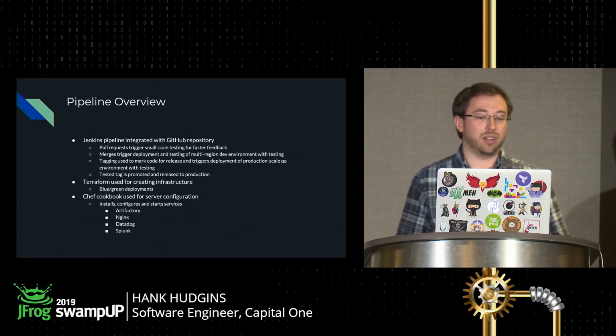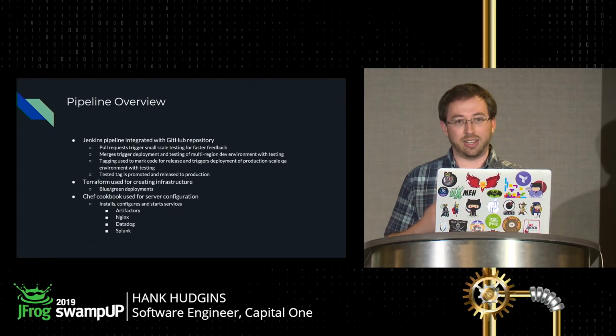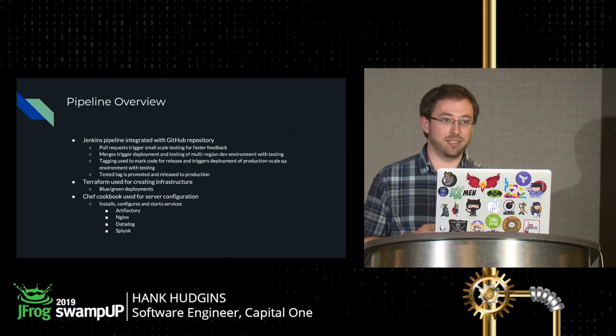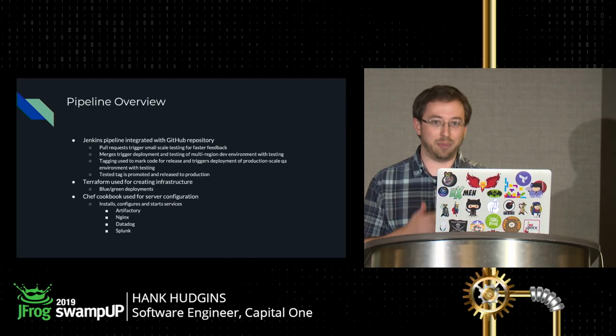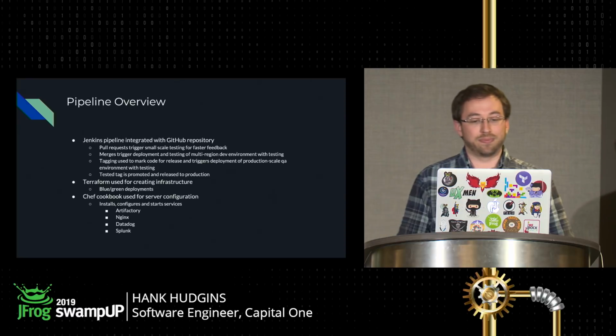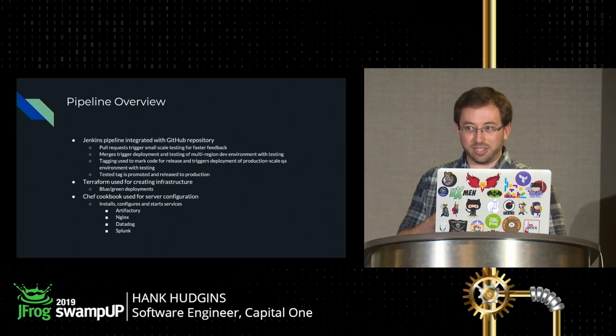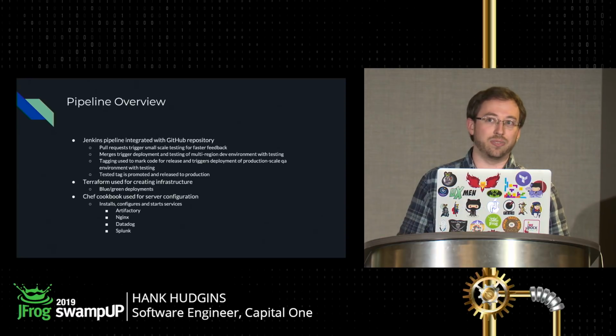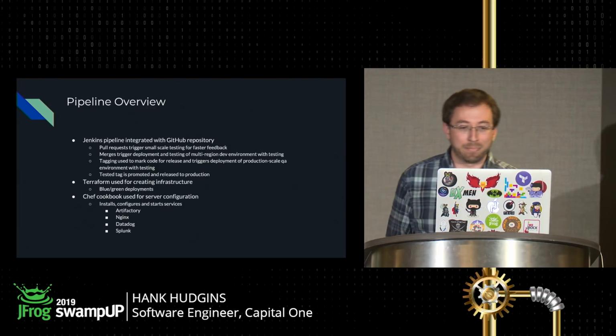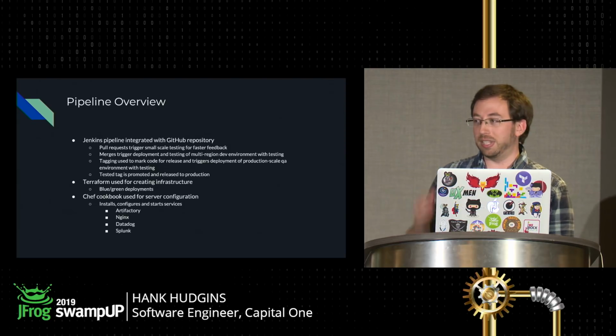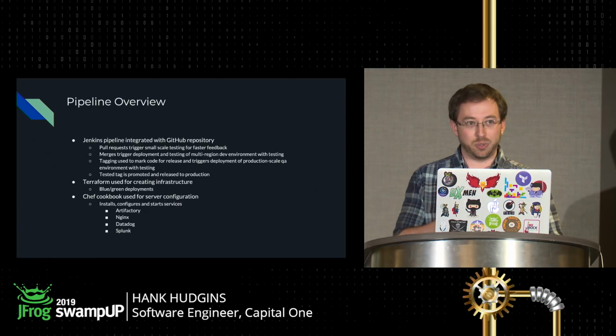It runs through some quick static analysis, spins up a single Artifactory instance, and just makes sure that Artifactory is coming up. It's not quite the HA scale, but it is good for getting that quick feedback on a pull request.